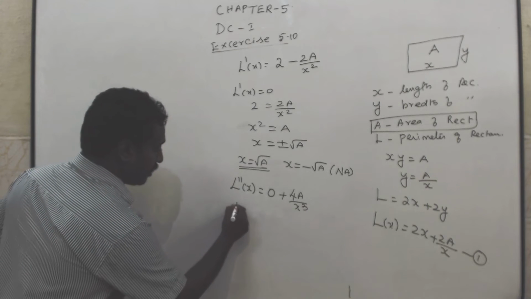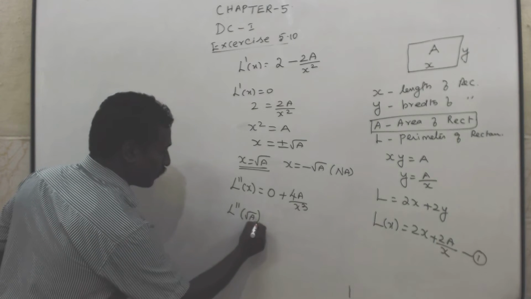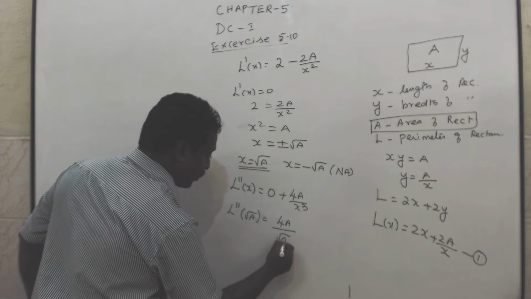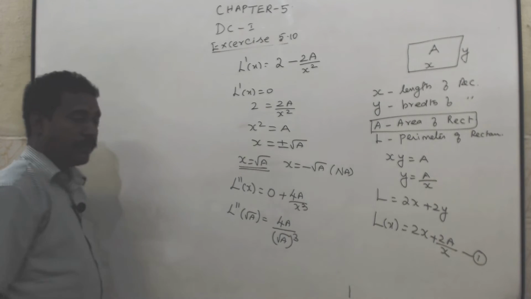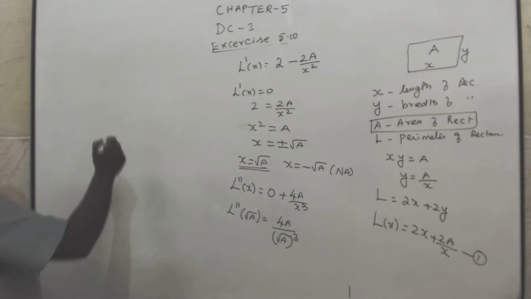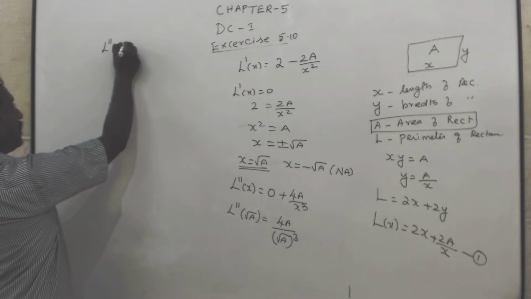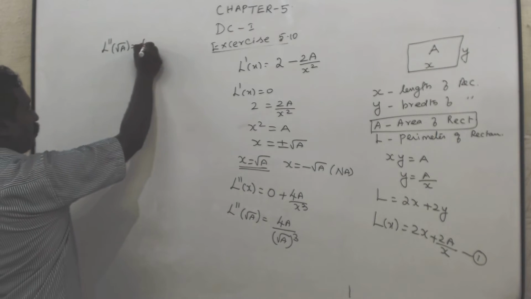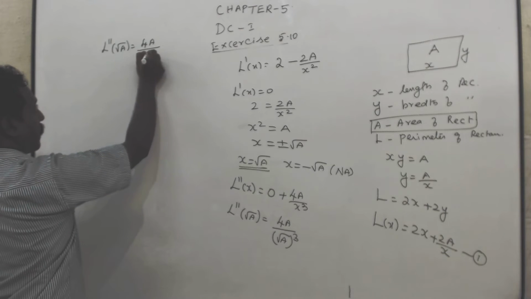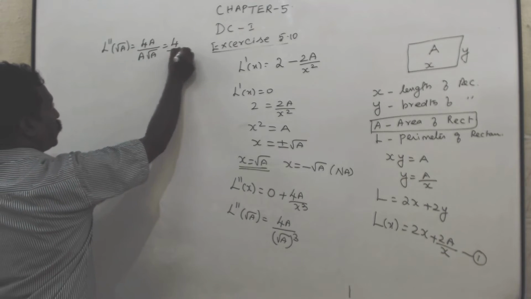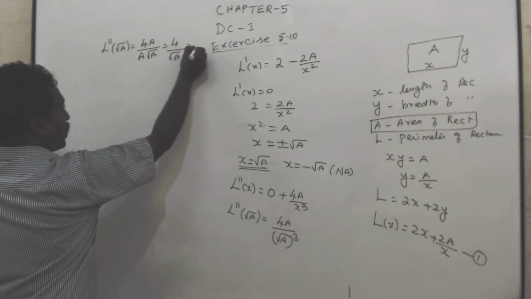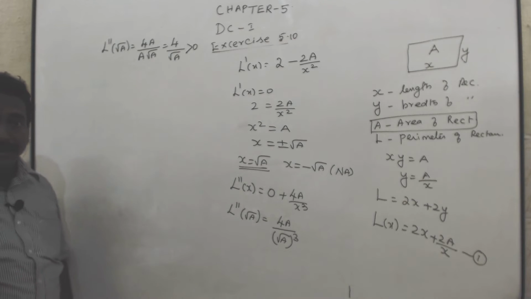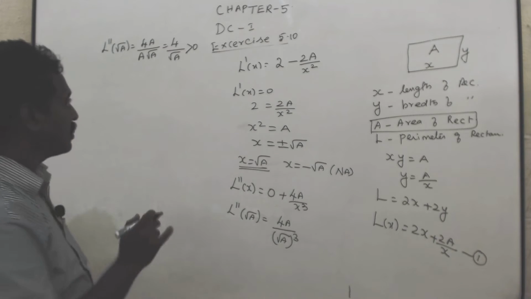Therefore, L double dash of root a is 4a by root a cube. Root a cube is a root a. That is 4 by root a. Is it positive or negative? Positive. Positive means perimeter is smallest.